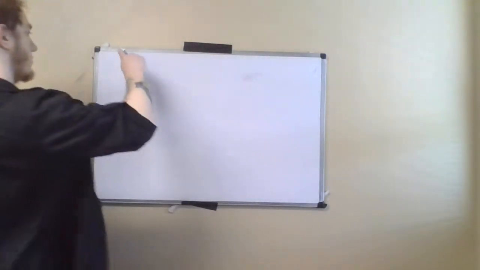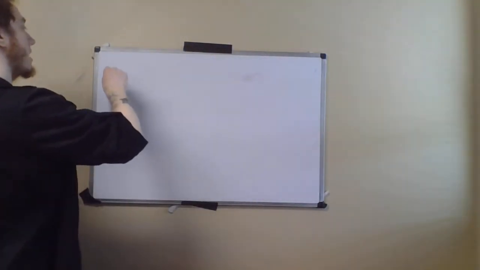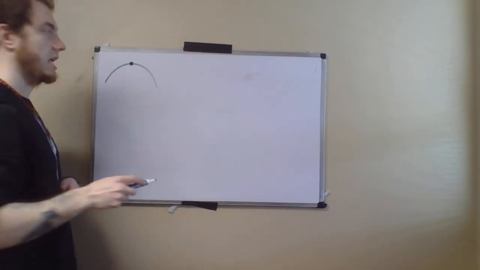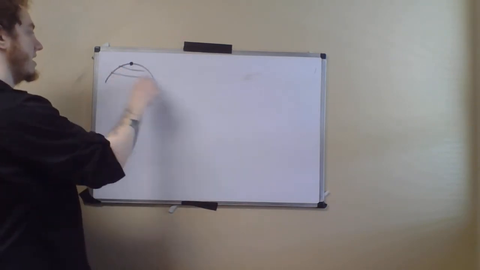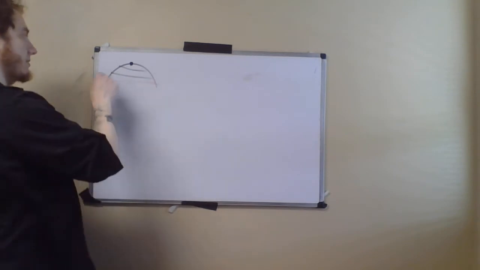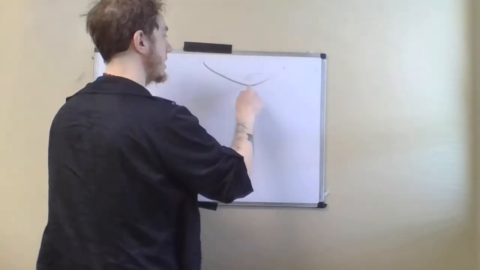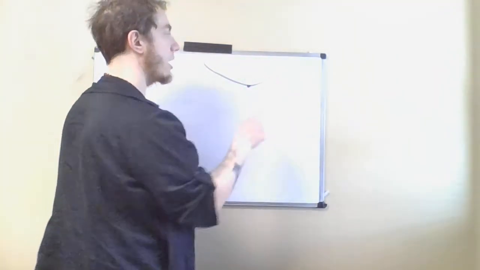Let's suppose that we have a differentiable function and it's got a maximum. Well, just visually, you can see it's going to have to be concave down here. It's turning downwards. And at a local minimum, it's going to have to be turning upwards.